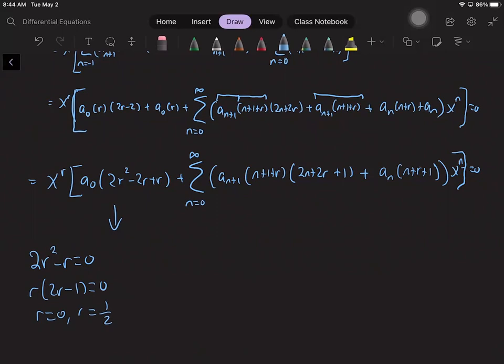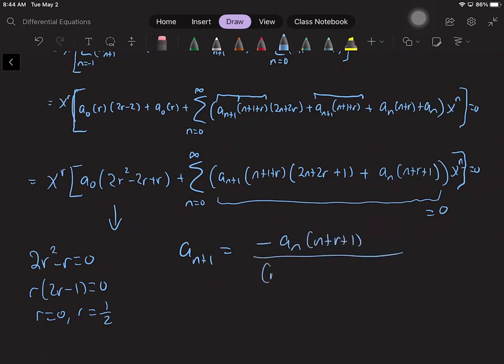Okay, and then from the other part, setting this whole coefficient equal to 0 gives us, when you solve for a_{n+1} again, you subtract the a_n term over and divide by the stuff that's being multiplied to a_{n+1}, just like before. Luckily, these will cancel. That'll simplify things a little bit.